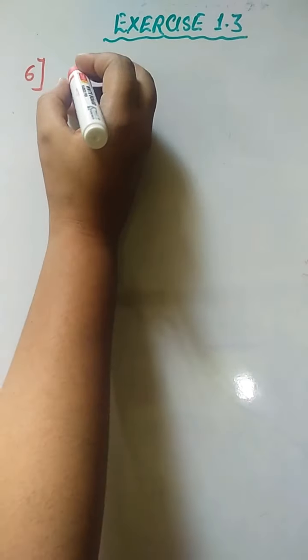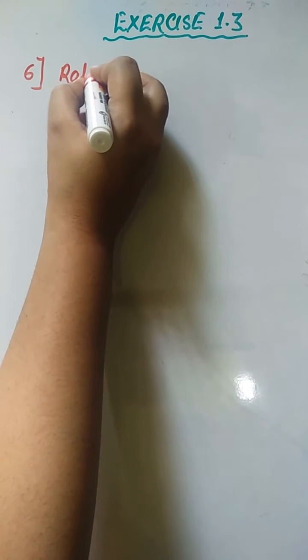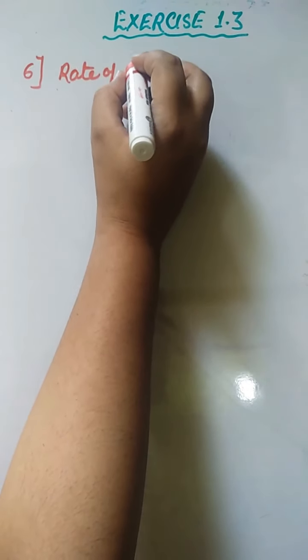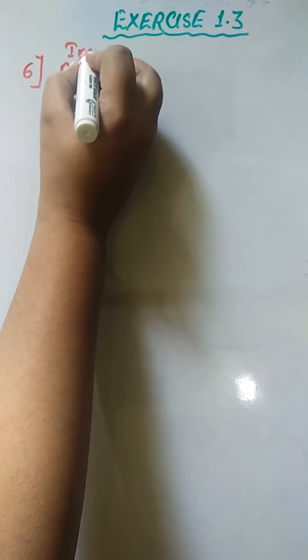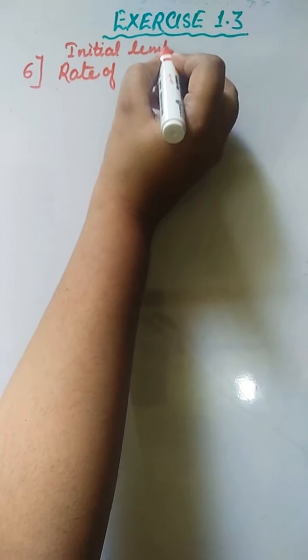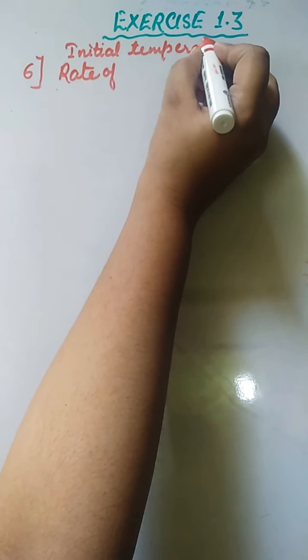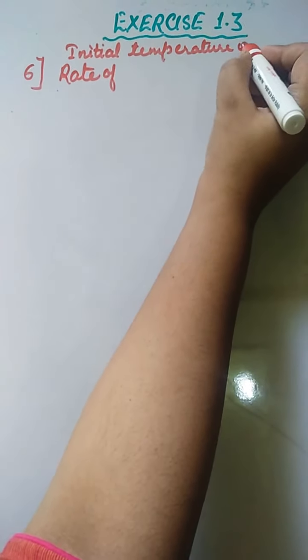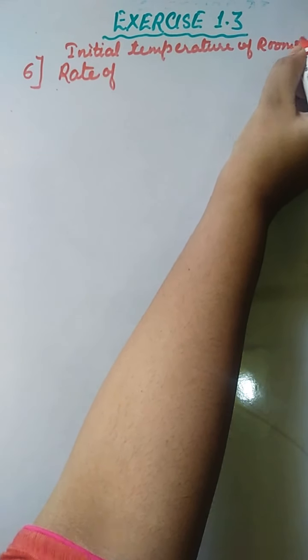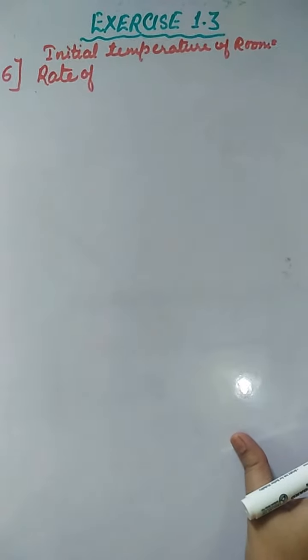So first of all you can write the initial temperature of the room. It is given 40 degrees Celsius. Initial temperature of the room is given 40 degrees Celsius.